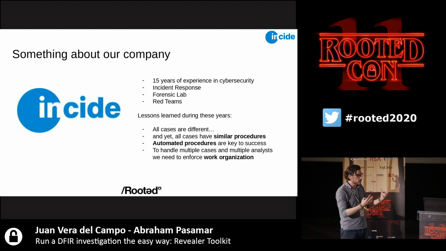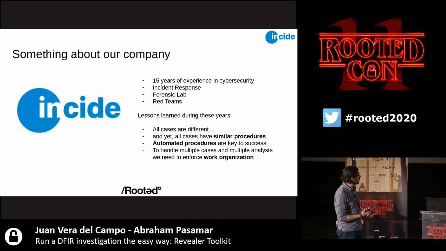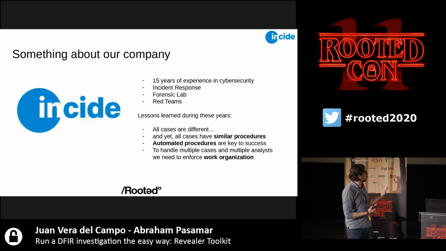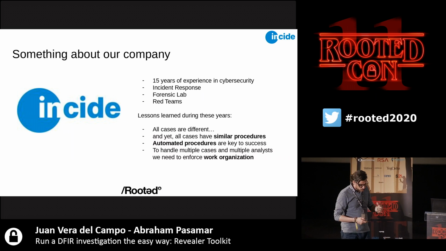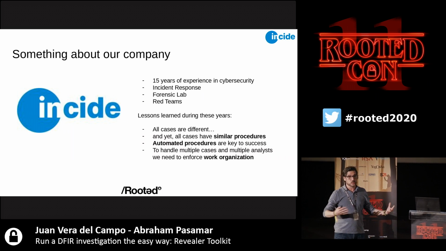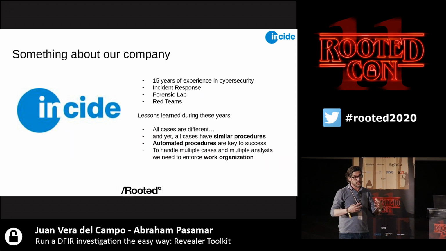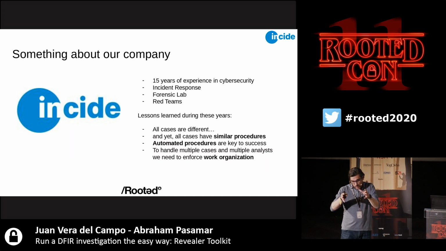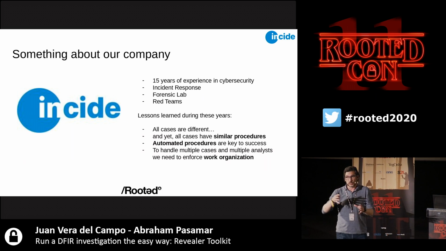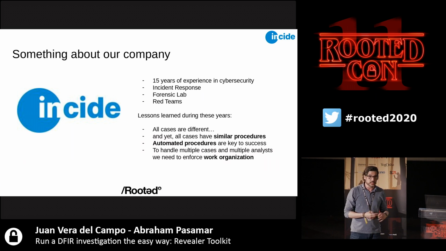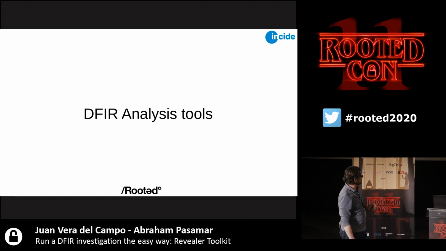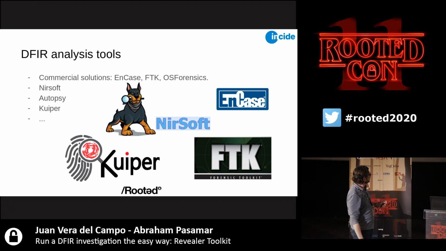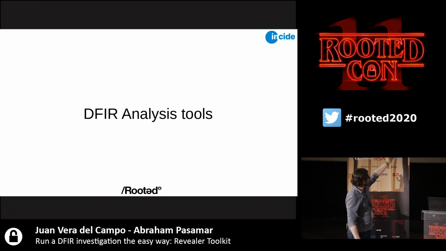So every case is different, but there are many things that are common, and this is very important in order to build the tool. The idea is to take into account all the different analysts and collaborations, because we are a company where we don't have an analyst that is developing just a single case. There are many different things and they can collaborate on the different cases. So we are taking all these things into account when designing this tool.